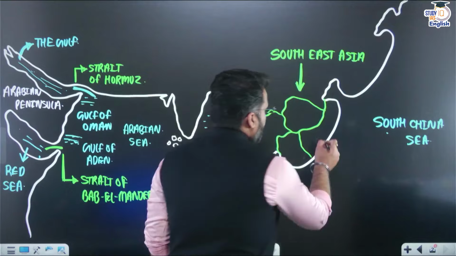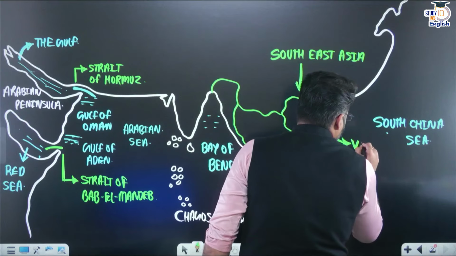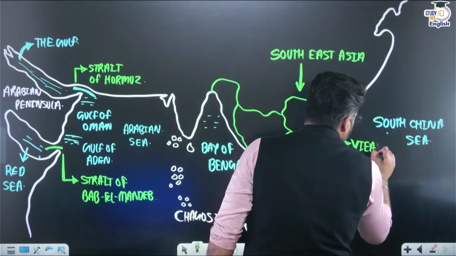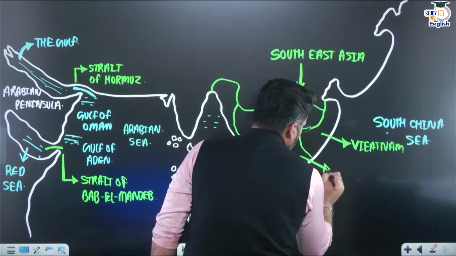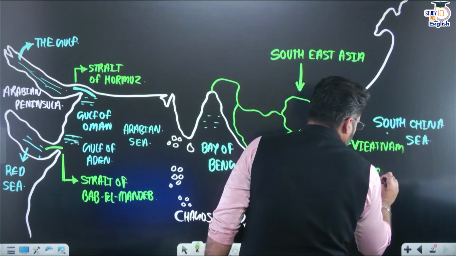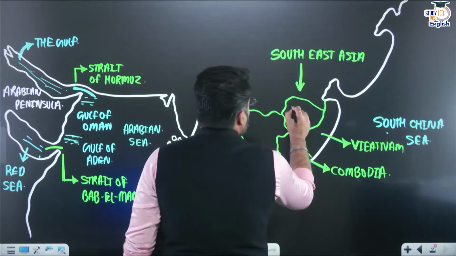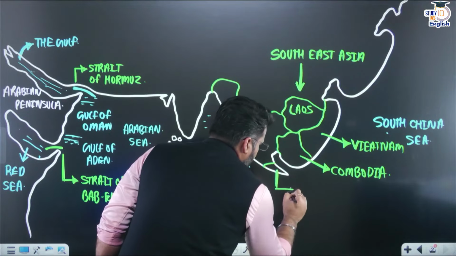Just see, this is Vietnam. This side is Cambodia. This side is Laos. This side is Malay, or you can say Malaysia.